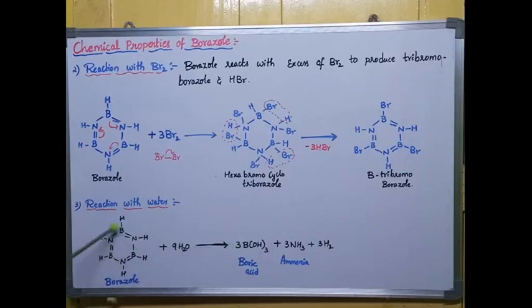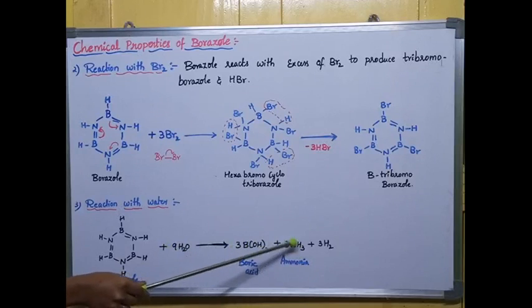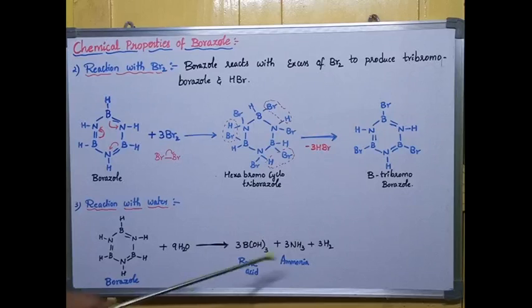Three boron atoms are present in the structure. Hydrogens: here 9 times 2 is 18, 18 plus 6 is 24 hydrogens. You can also observe 24 hydrogens on the other side. Next, three nitrogen atoms, and here also three nitrogen atoms.